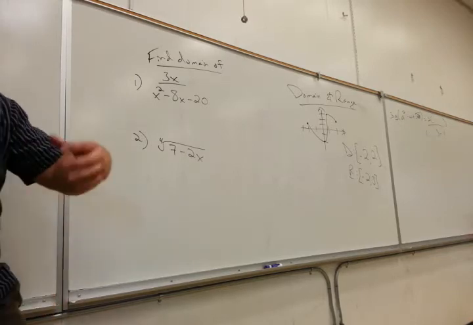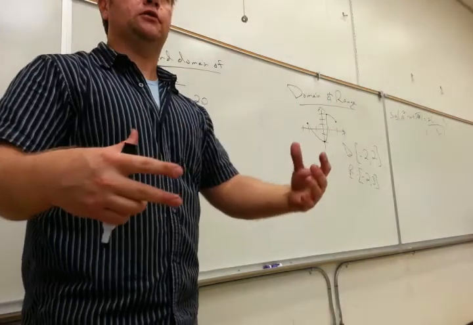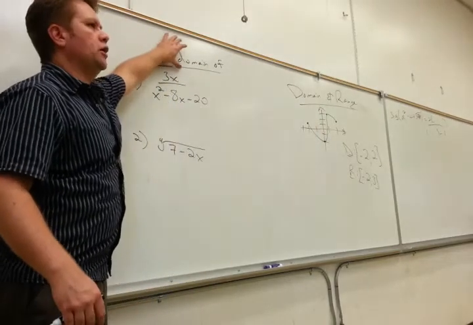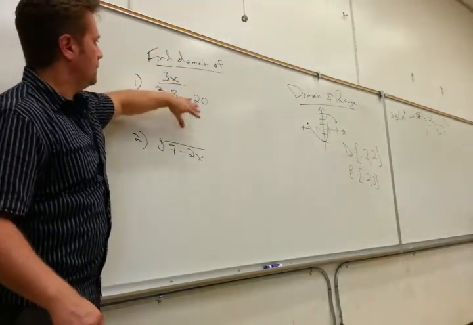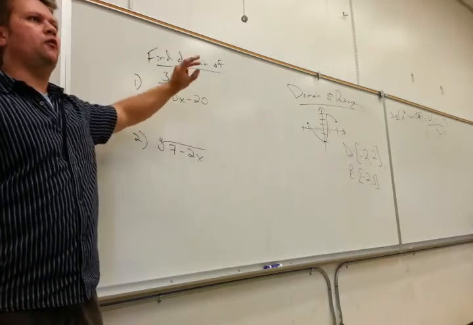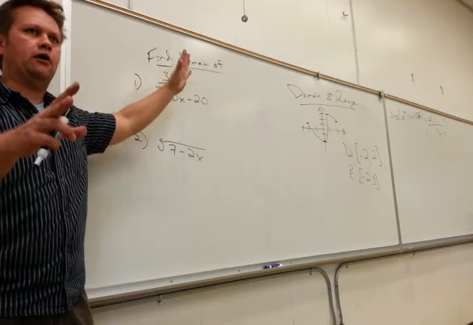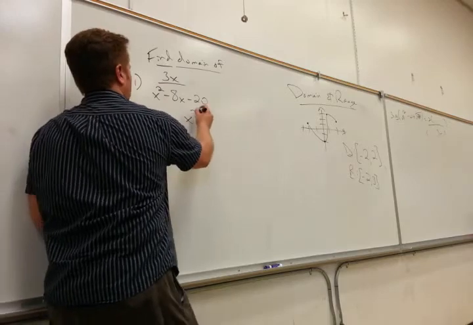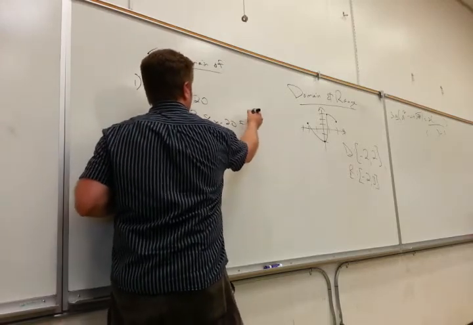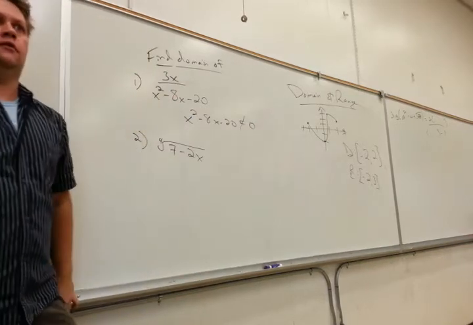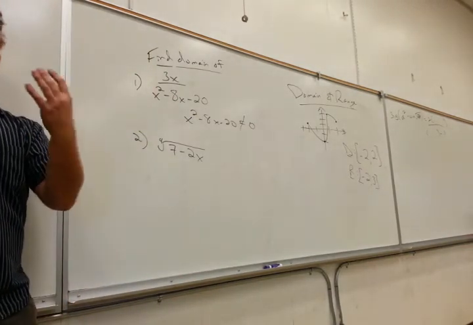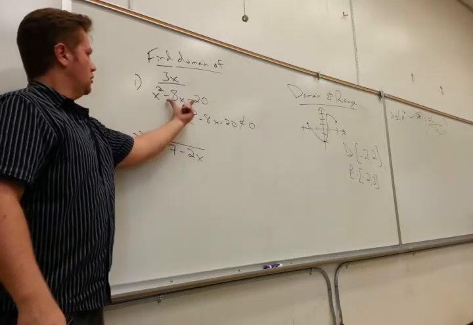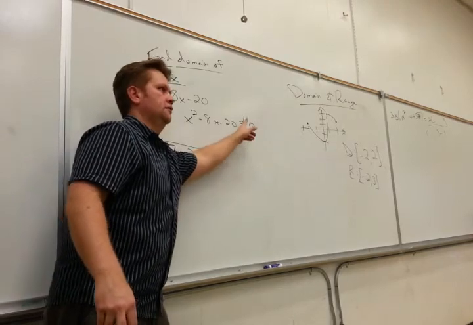So domain is all of the inputs that actually have outputs. Another way to say it is all the inputs I'm allowed to use. So when they ask you a domain question for a function they give you, for an actual expression, you say to yourself, what is it about this expression that would make it freak out? In general, what freaks fractions out? 0 on the bottom. So you say x squared minus 8x minus 20 cannot be 0. If you can say the restriction in English, just change that into math and solve. The bottom can't be 0.